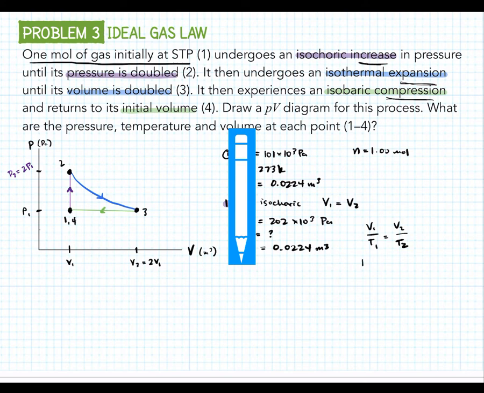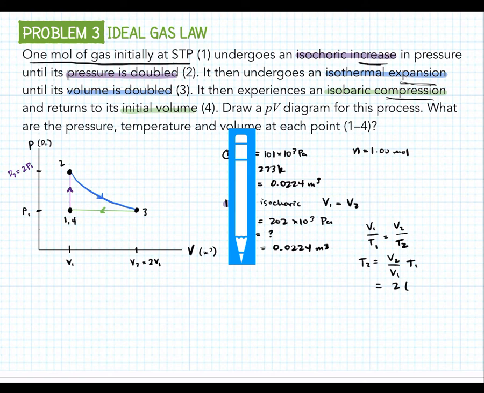So T2 is going to be equal to V2 over V1 times T1. So we plug all that stuff in. That means we get basically twice our temperature, because remember V2 is twice V1.